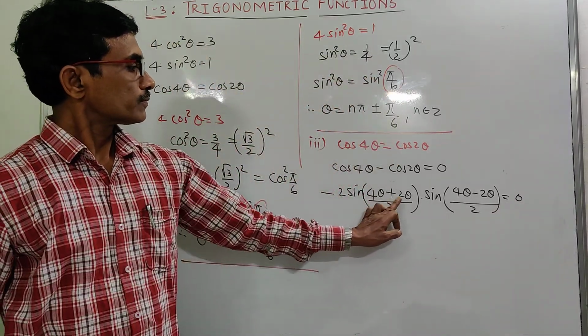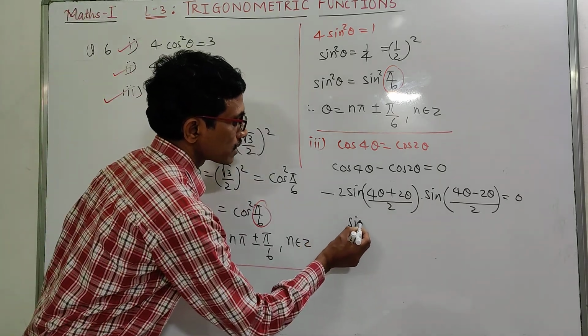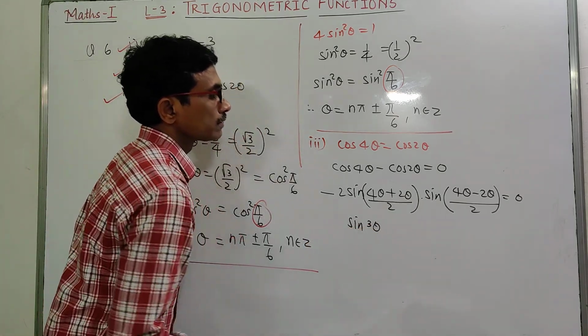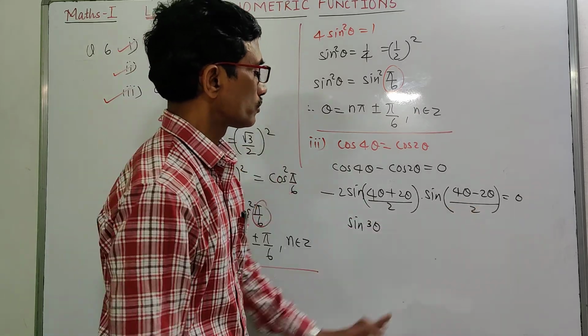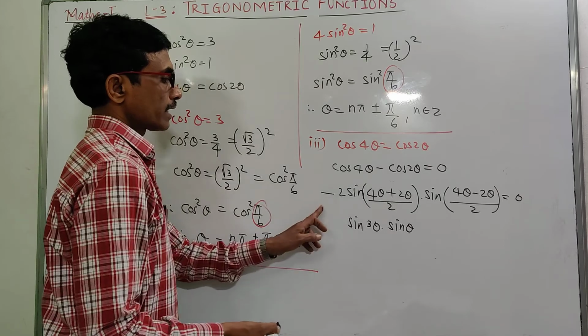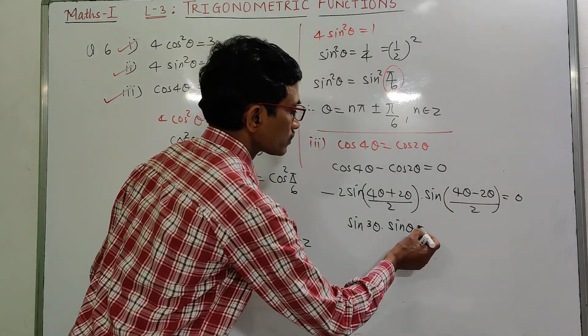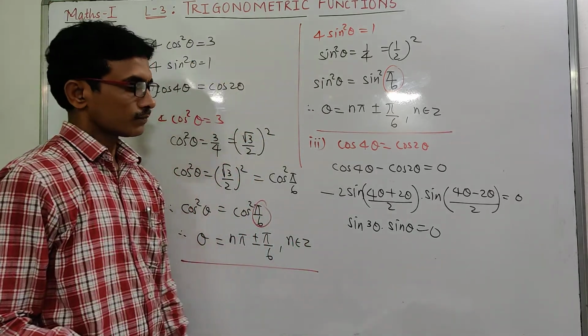So sine of 6 theta upon 2, that is 3 theta, sine 3 theta, and 2 theta upon 2, that is theta, sine theta. As the right hand side is 0, no need to write this minus 2. So simply we'll write this 0.